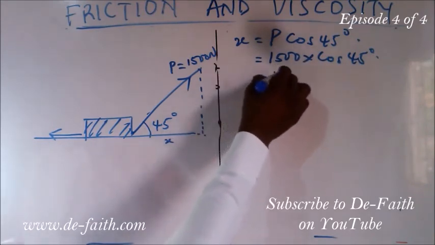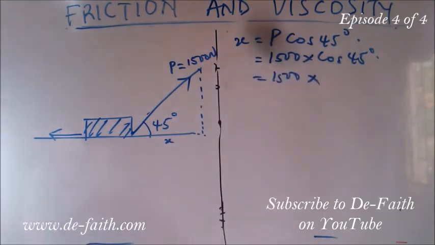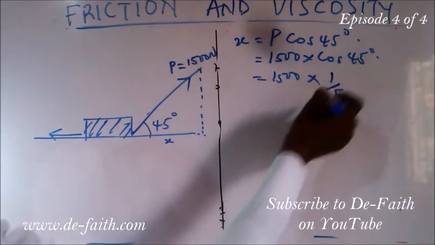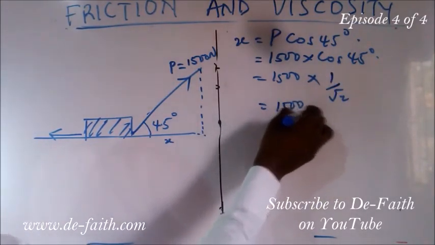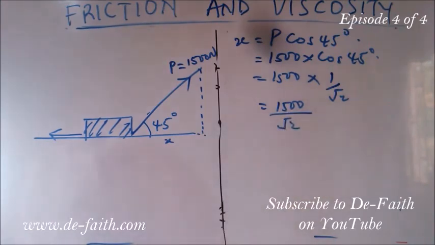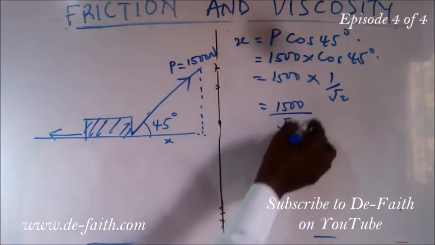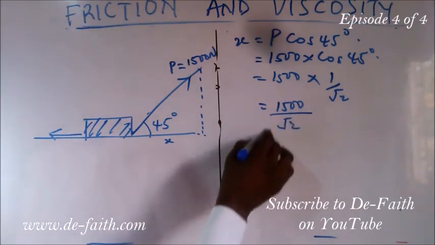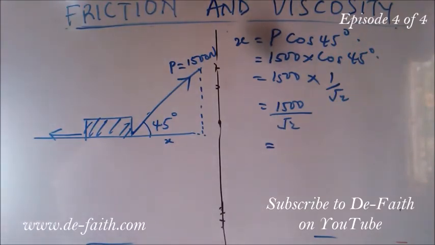So we have 1500 cos 45 degrees is 1 over root 2. So we have 1500 over root 2. We can rationalize this equation. You can check our mathematics video on SOD. You will learn to rationalize this. And so 1500 divided by root 2.